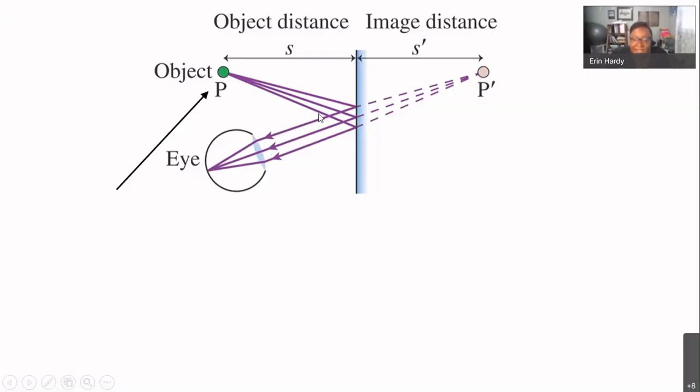What we can do, though, is take these actual reflected rays and trace them backward, so that instead of real rays moving through this side of the room that you're imagining you're in, they become virtual rays on the opposite side. They're not really going through the mirror, but they look as if they are diverging from some point behind the mirror.